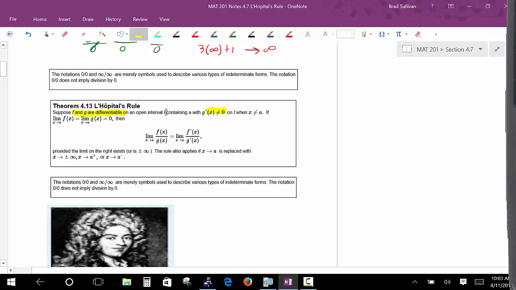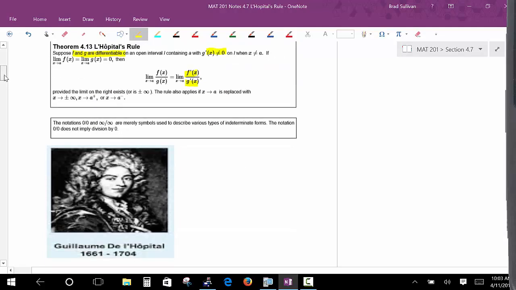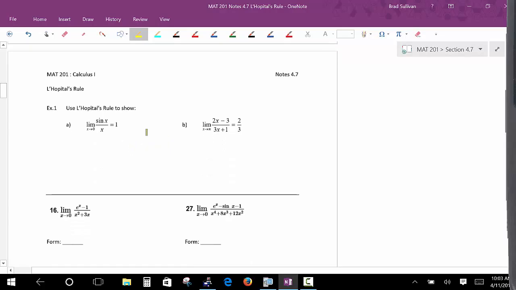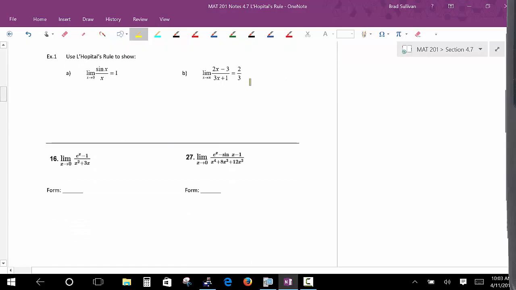Then if you want to work out this limit, and it's already in a 0 over 0 form or infinity over infinity form, then you can take the derivative of top and bottom, then reevaluate the limit. That's what L'Hopital's rule is saying. So on the next page, I'm going to do some limits using L'Hopital's rule. We're going to do some of the simpler ones today.